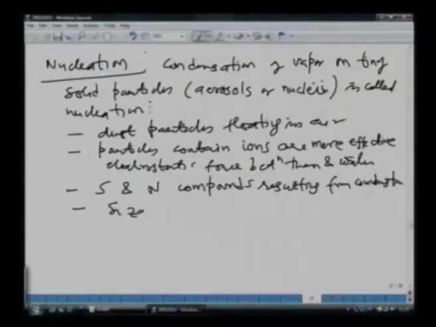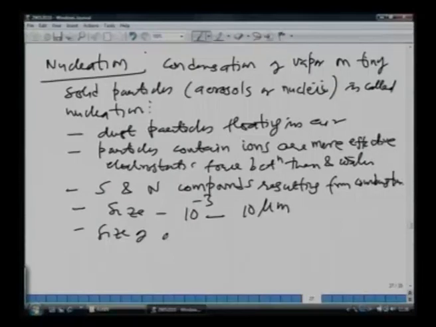The size of these nuclei is very small, of the order of 10 to the power minus 3 to 10 micrometers. And you know what the size of an atom is? It is approximately 10 to the power minus 4 micrometer. So, you can see that only a few hundred atoms can combine and make nuclei, which are very tiny small particles.